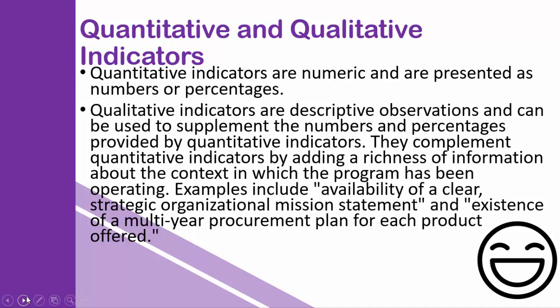But when it comes to qualitative indicators, it's really difficult because these are indicators that are based on perception. So take for instance, if you want to know how happy farmers are in a community, is it easy to quantify happiness? It's not easy.